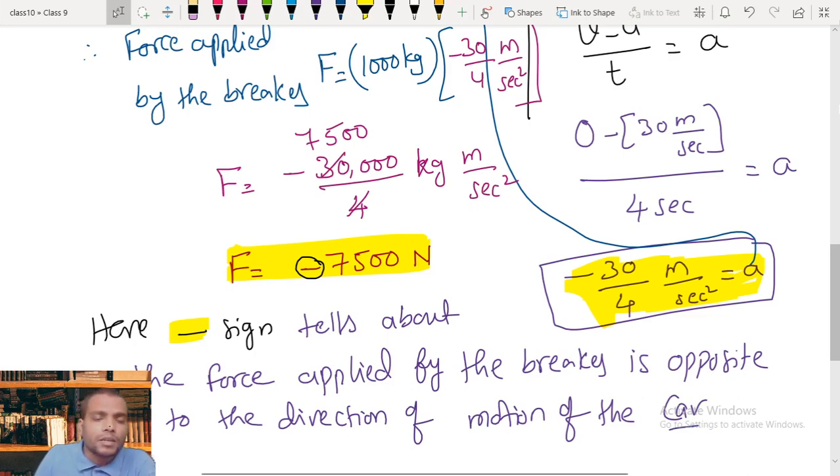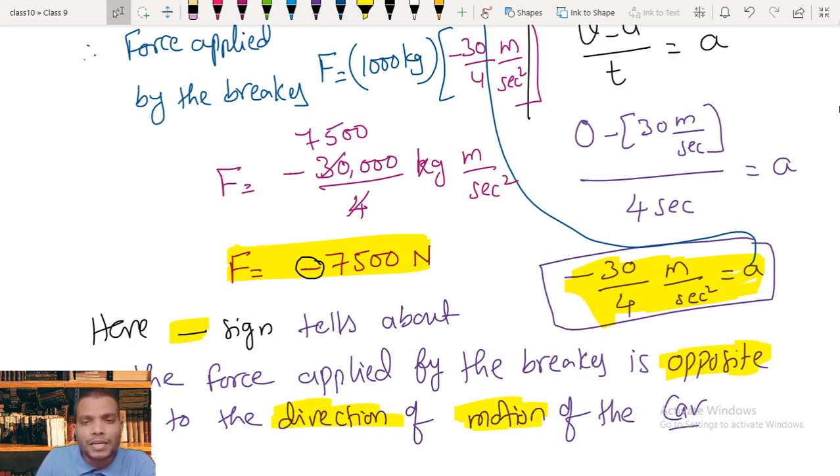The car is moving in the forward direction, but when we apply brakes, the force is opposite to the direction of the motion of the car. That's the meaning of the negative sign here.